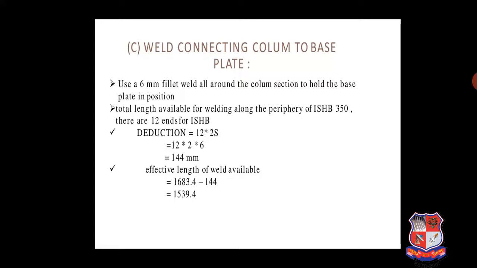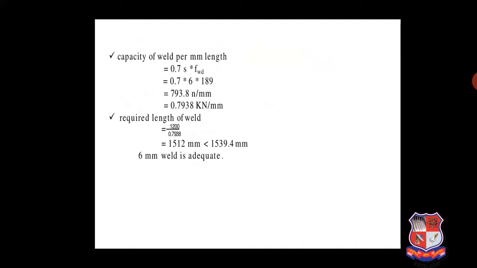The total deduction is 144 mm. So for the effective length of weld, the total length available is 1683.4 minus the deduction 144. Finally the effective length we calculate is 1539.4 mm. Now the capacity of weld per mm length.